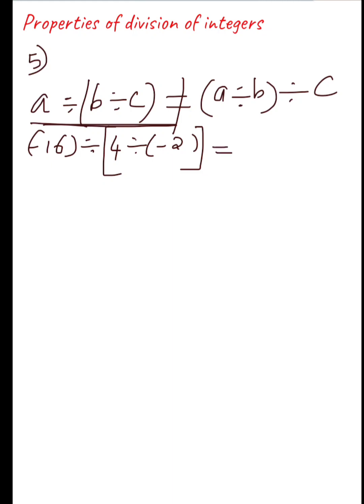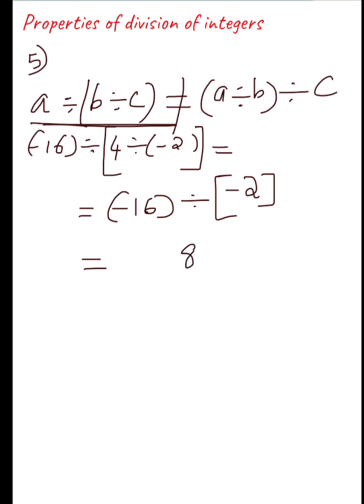You will get 4 divided by minus 2 in one part: divide them as whole and put the negative sign, so 4 divided by 2 is 2, with the negative sign. Now what is 16 divided by minus 2? Divide as whole and put the negative sign, so 16 divided by 2 equals 8, and you get minus 8.